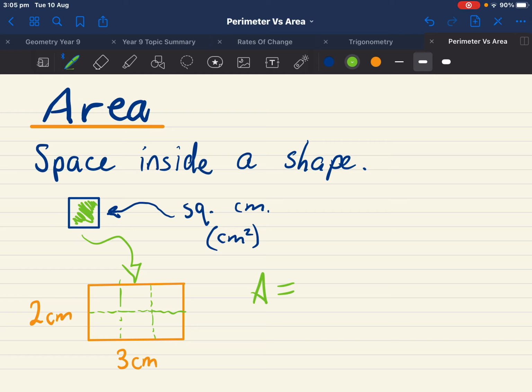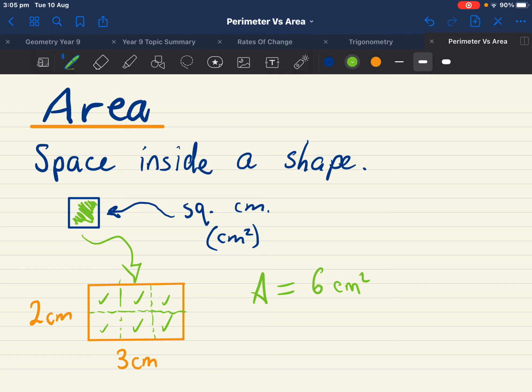How large was this shape? It was 1, 2, 3, 4, 5, 6. It was the size of 6 square centimeters, right? Notice that little 2 above the centimeter. That's because it wasn't 6 centimeters, it was the size of 6 square centimeters. So that's how you find area, and that's what area is.